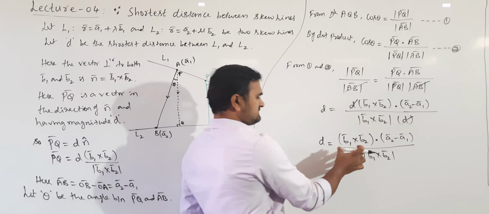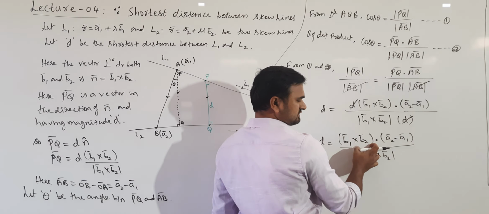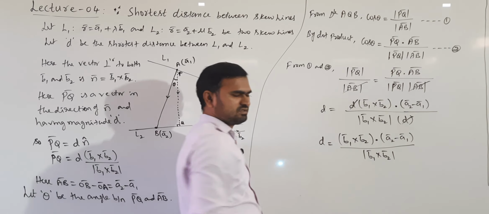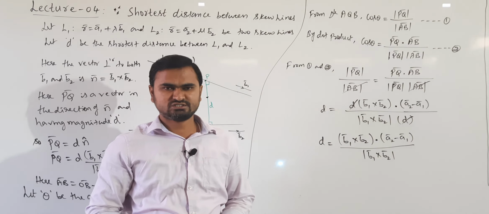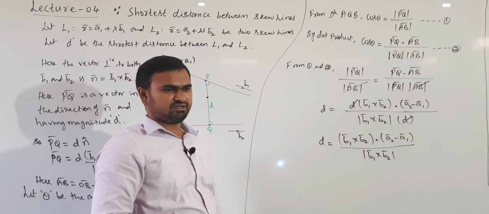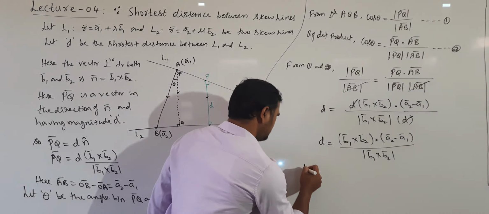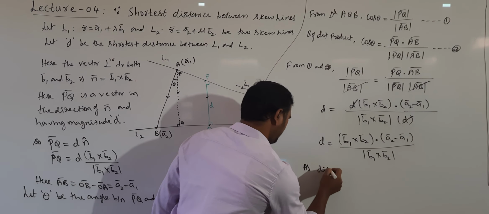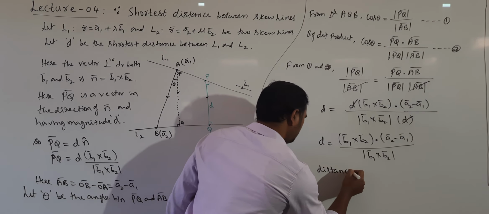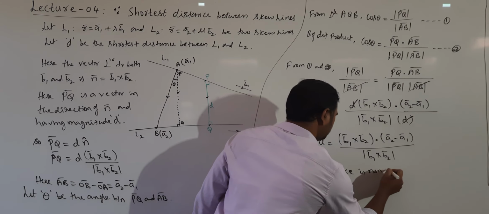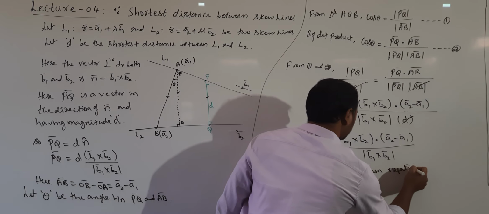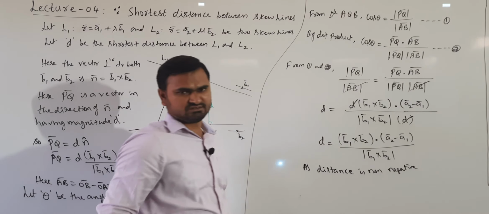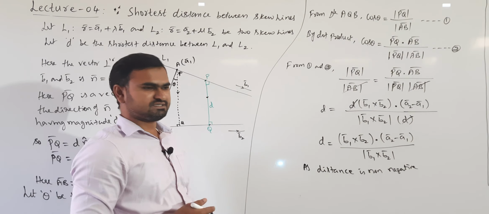Now this is a cross product and this is a dot product. Sometimes dot product and cross product can be negative also, but distance cannot be negative, as distance is non-negative. So we will take a modulus of this. Whatever value we get, we have to take its modulus.